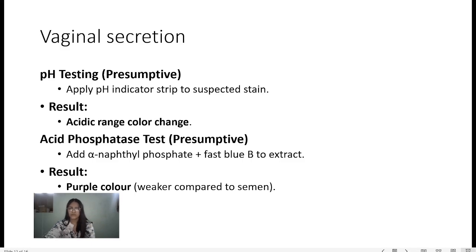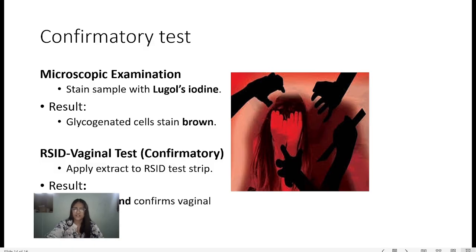Now, the confirmatory test for vaginal secretion is microscopic examination. Vaginal epithelium has glycogenated epithelial cells, which are very distinctive and very unique to vaginal fluid.